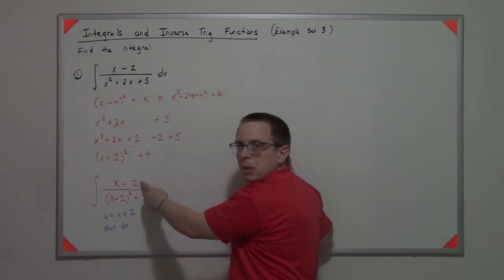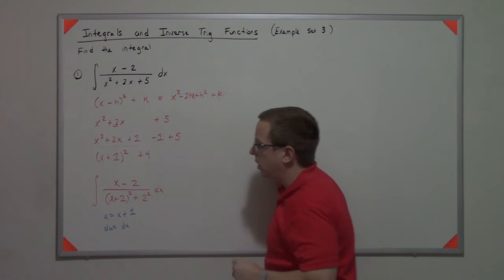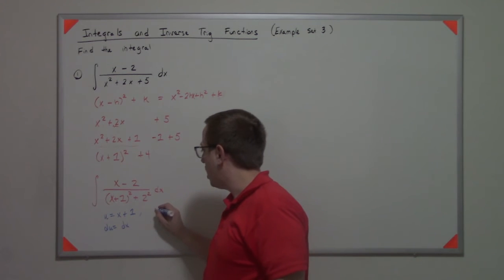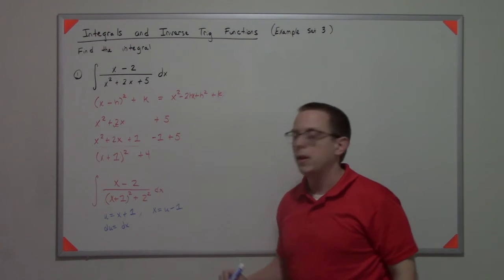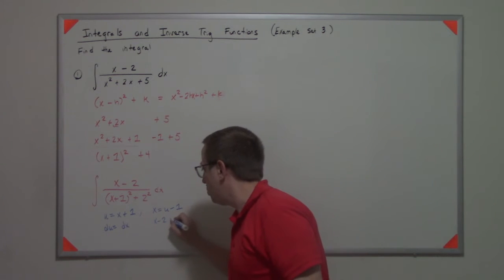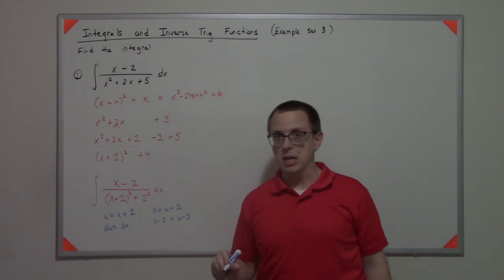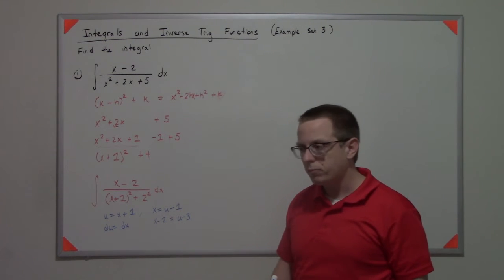But what do I do with this up top? That's not that helpful, right? So then what I'm going to have to do there is say that means x is u minus 1. And in particular, x minus 2 is u minus 3, if I subtract 2 from both sides.